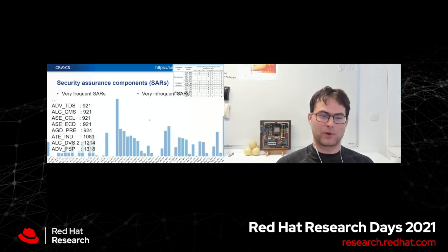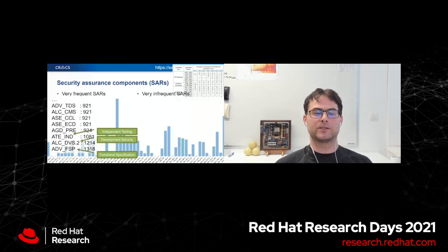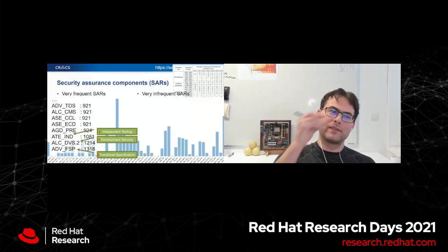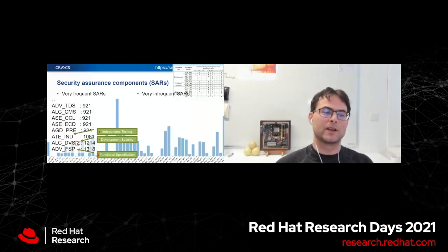No real surprise. If you like to do something, you need to have functional specification. You like to have also independent testing and development security. This makes sense. Sometimes you will see point something. This is basically the level within that particular component. Higher the better, obviously.